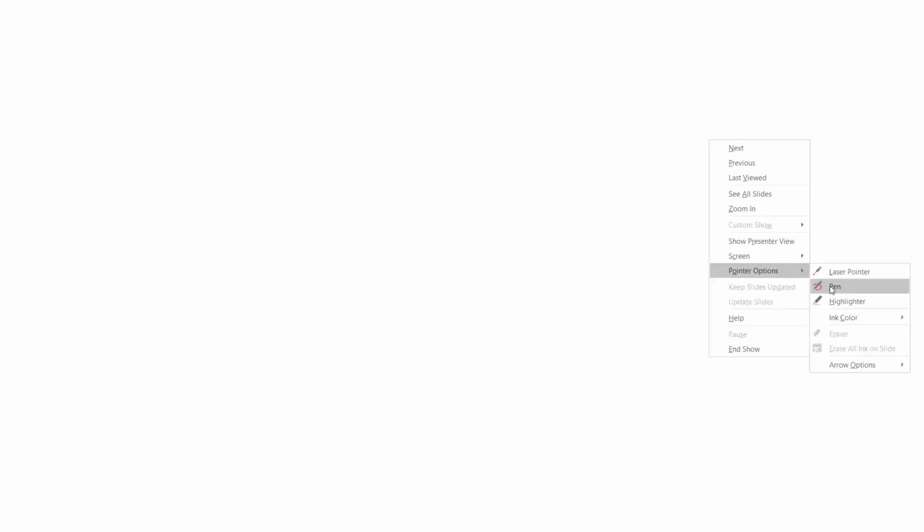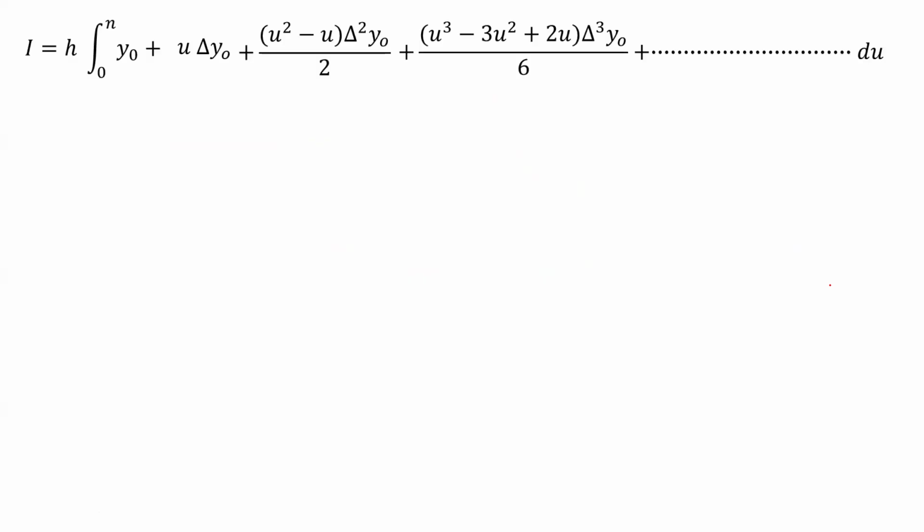Good morning. Today we will see how to derive Simpson's one-third rule by using the Newton-Cotes method. Already we have gone through this formula. If you go to the Newton-Cotes video, you will come across this formula or derivation.